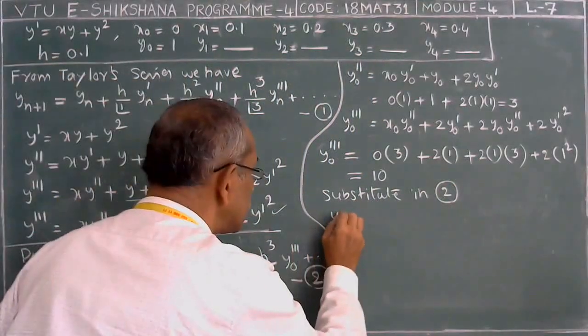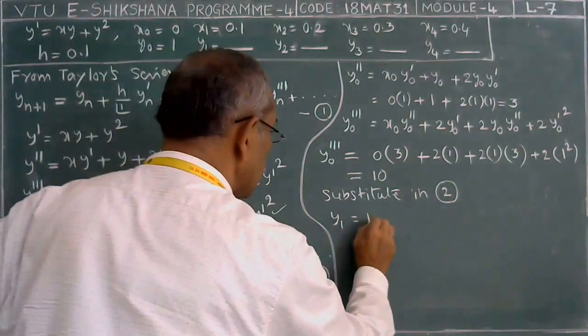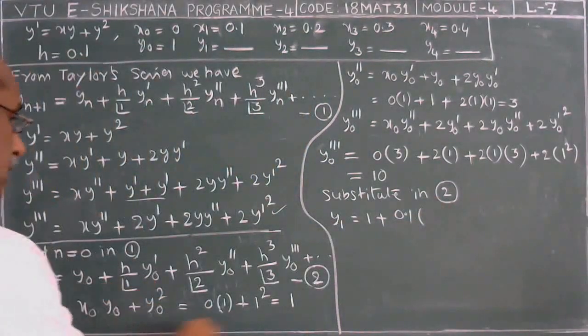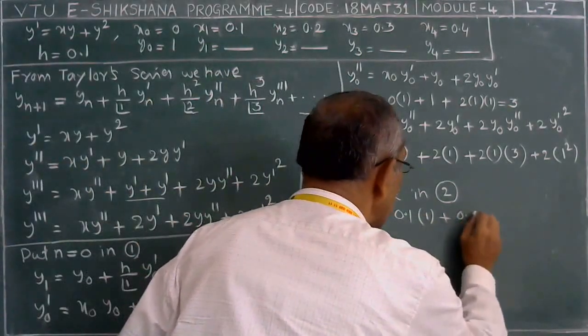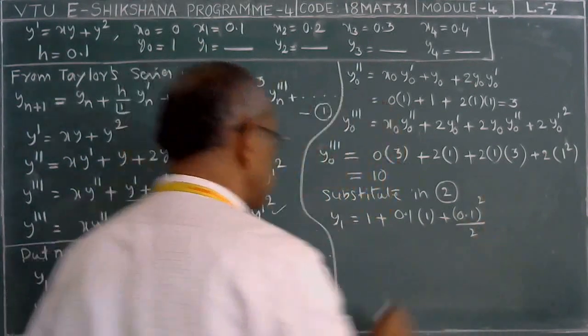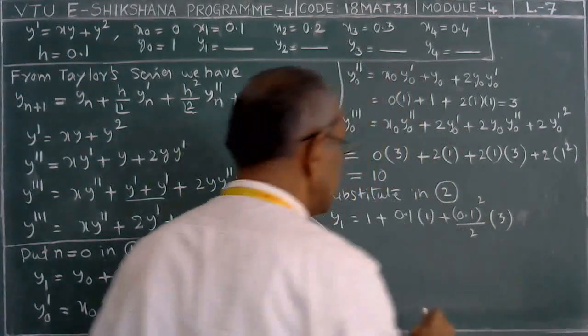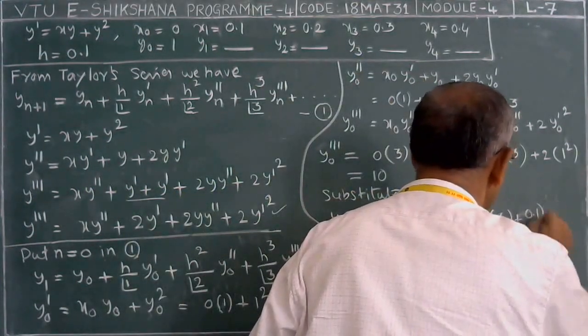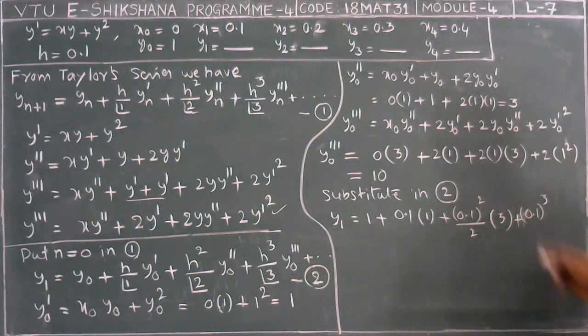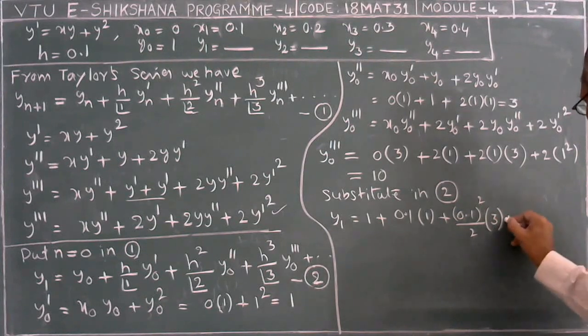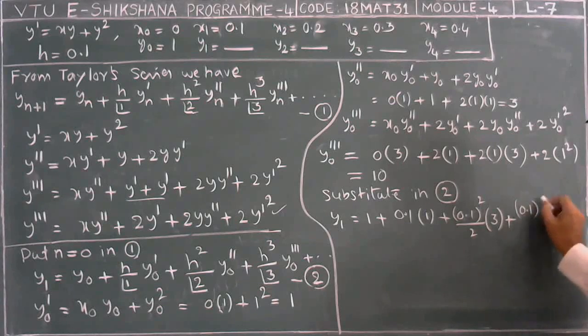So what do we get? y1 is equal to y naught is 1 plus h is 0.1 divided by factorial 1 is 1 only, so 0.1 into y naught dash is 1, plus 0.1 square divided by 2 into y naught double dash is 3, plus 0.1 whole cube divided by 6 into y naught triple dash, that is 10, plus etc.